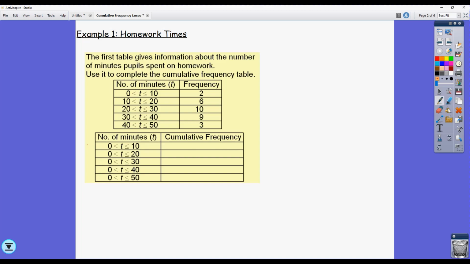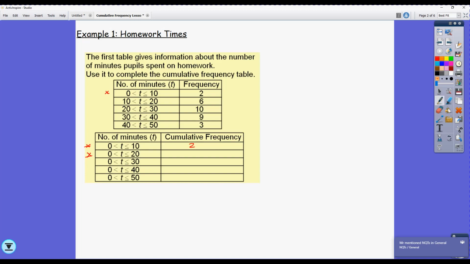So in the first row, we want the number of pupils who spent more than 0 minutes, but less than or equal to 10 minutes. Well, that's just going to be the same as the first row of the original table, which is 2. The second row is how many pupils spent between 0 minutes and 20 minutes.